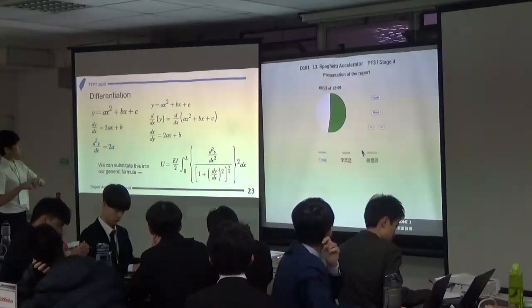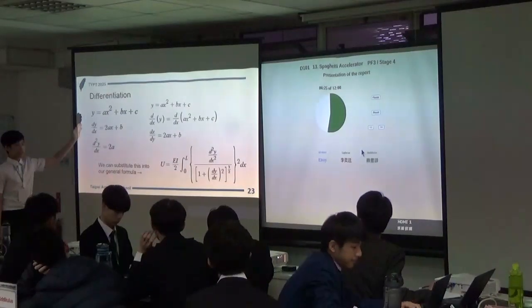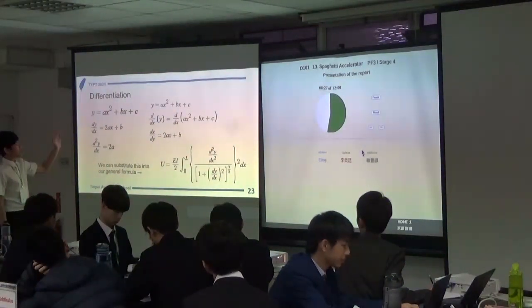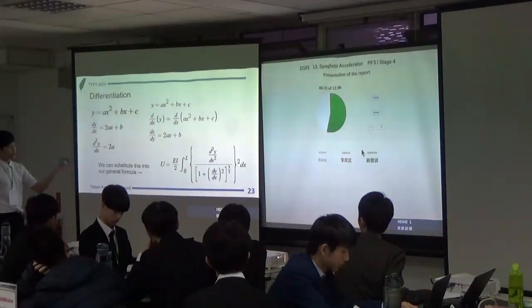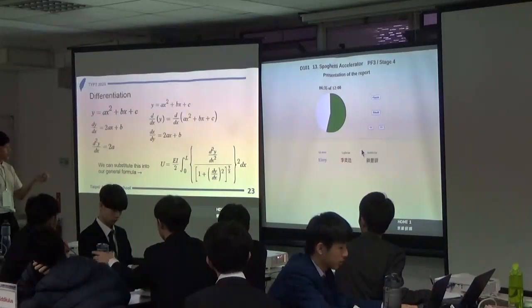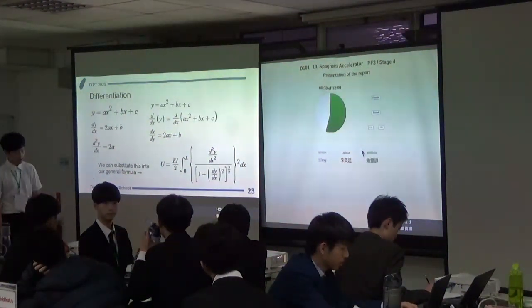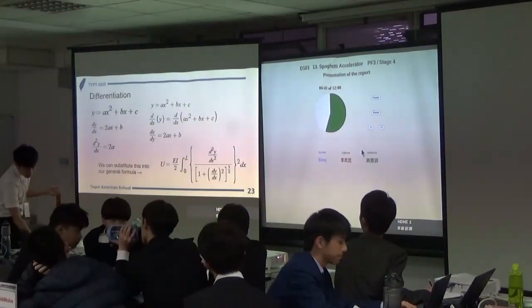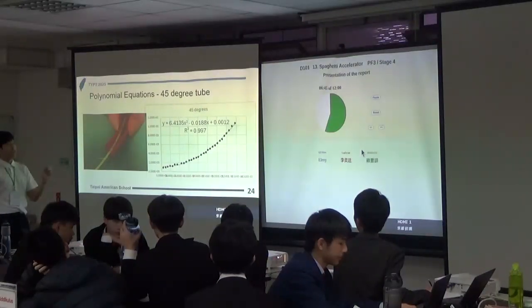Meanwhile, let's say we have a polynomial equation. I'll explain why we have this later. Essentially, we can do differentiation to get these two values for the coefficients of these polynomial equations. The reason we want to do that is we'll substitute them into our general formula there. And the reason why we're doing all this in the first place is because we can find the polynomial equation of each piece of spaghetti.